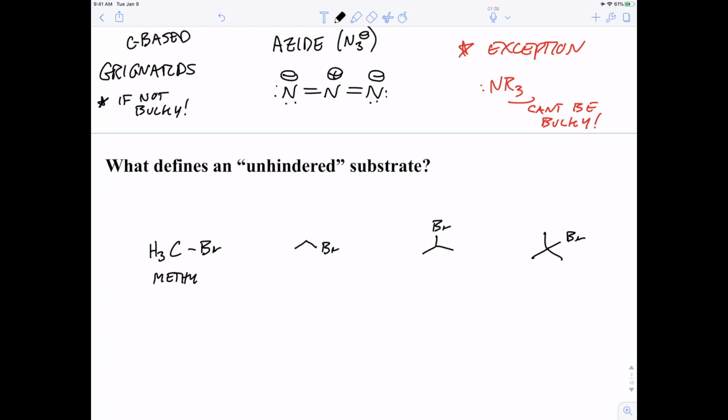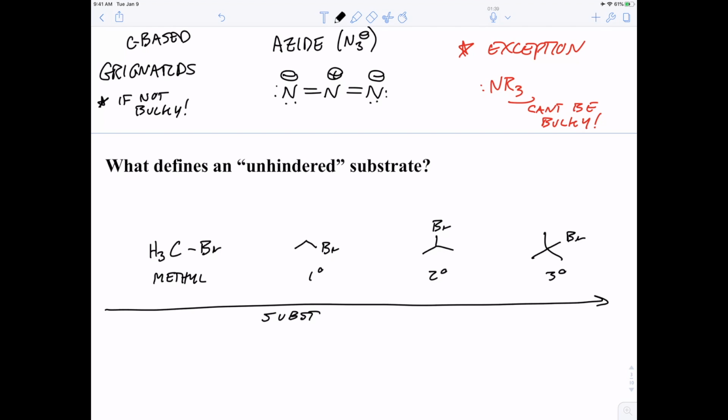Just put those labels on. So when we look at the degree of substitution, it's increasing as we go along. And that's going to change how fast or if our reaction can happen at all.